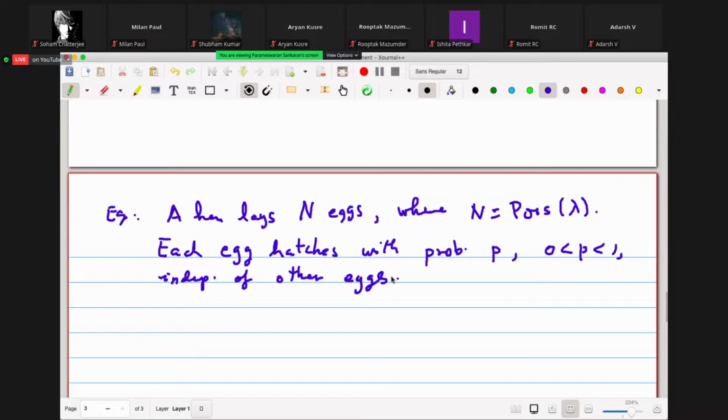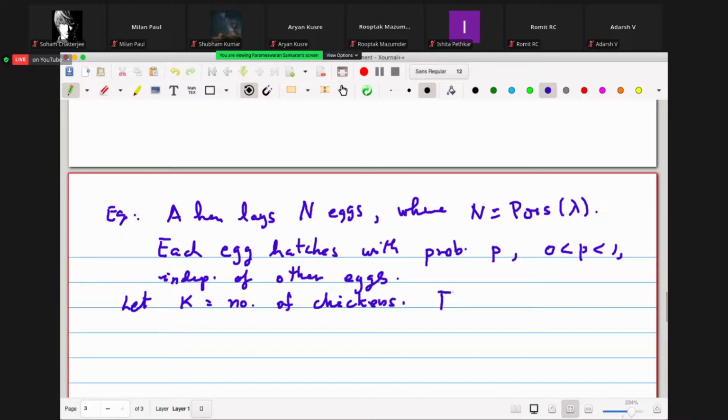Okay. Let K be the number of chickens. Which is of course a random number. The right way to say that is that K is a random variable that counts the number of chickens, but written briefly like this.